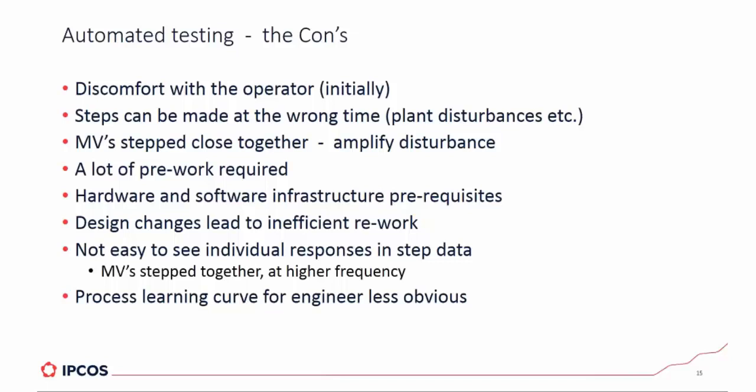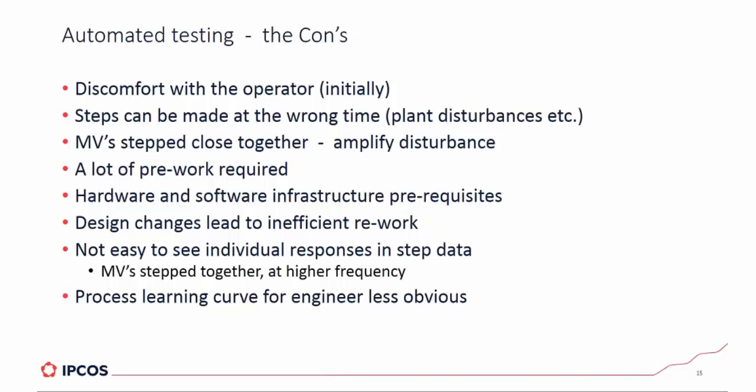Very often steps can be made at exactly the wrong time. Mainly, for example, there could be some plant disturbances, some events on the plant that we know of, and that would have prevented us from manually either making the step at a different time or changing our step test plan altogether.